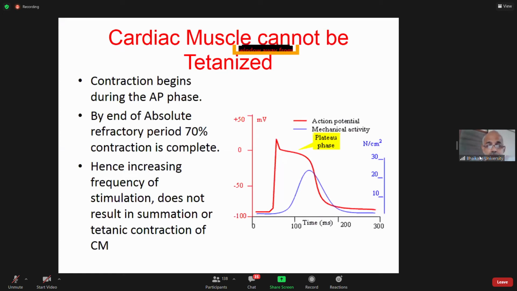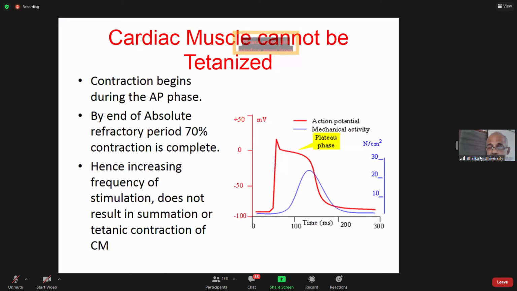Cardiac contraction begins almost simultaneously with the action potential, with the electrical event. By the end of the absolute refractory period, 70% of contraction is complete. Hence, tetany of cardiac muscle is impossible.